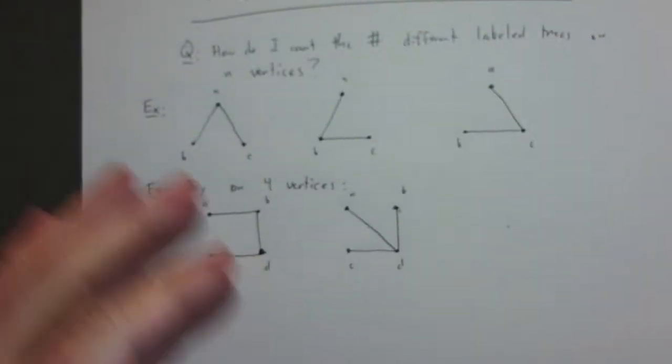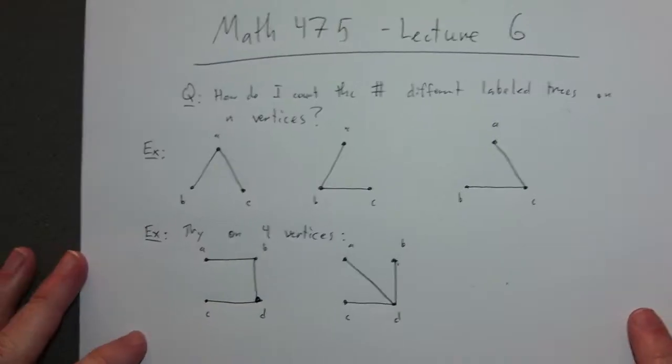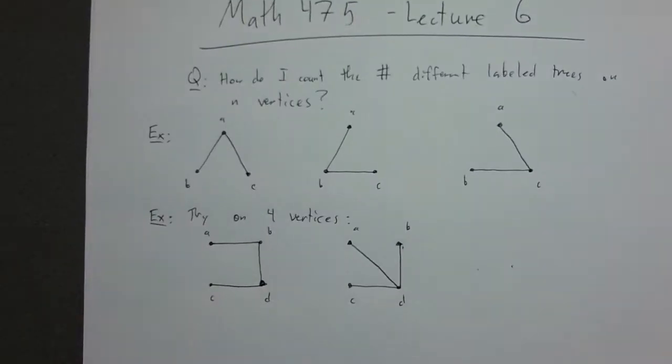Now, I could then ask you, well, what about on 5 vertices? Right? So on 5 vertices, how would you do this? And you might set about doing it. Of course, you can theoretically do it by brute force.